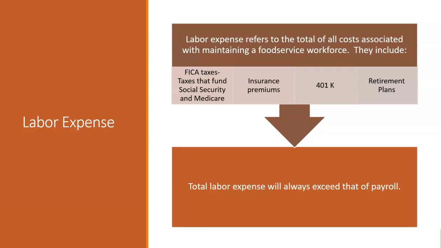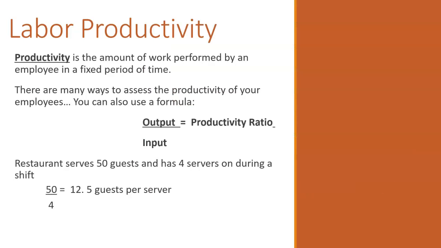So as we talked about, labor expense is not just payroll. These are costs that we've discussed at length last class. We talked about FICA, insurance, 401(k) retirement plans, any type of paid bonuses, vacations, whatever it is. That is not necessarily payroll, but that all relates and bundles into what are actual labor expenses.